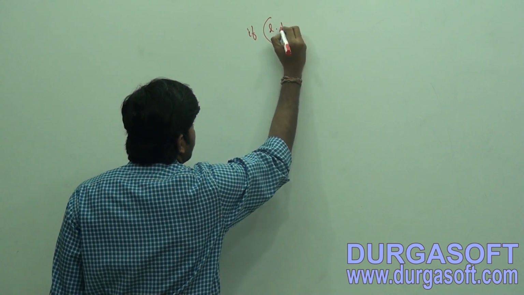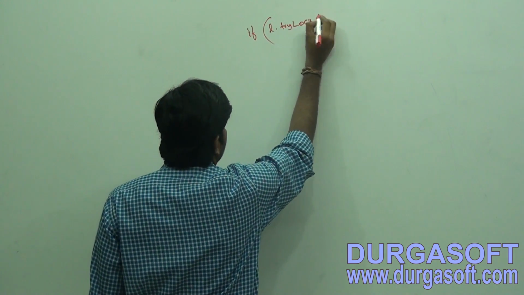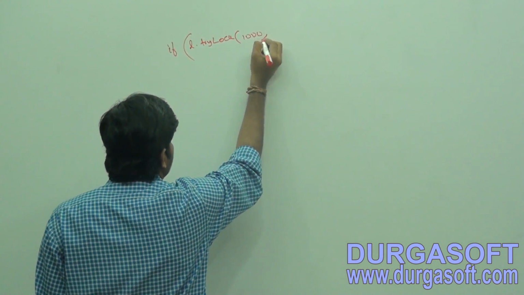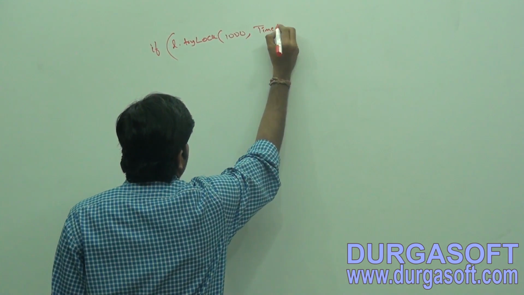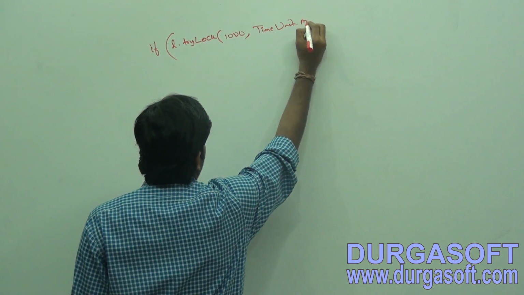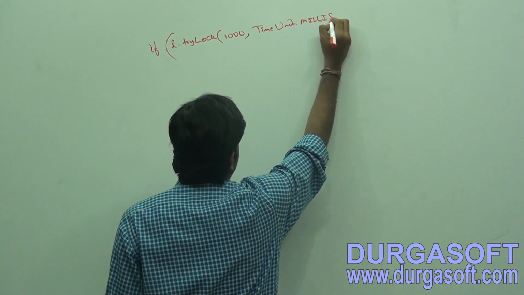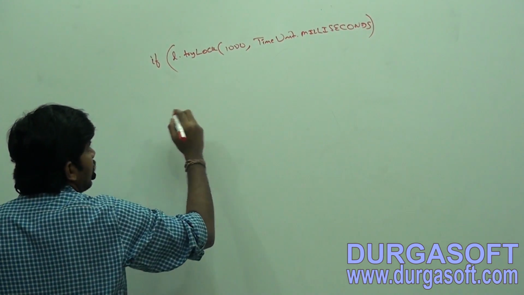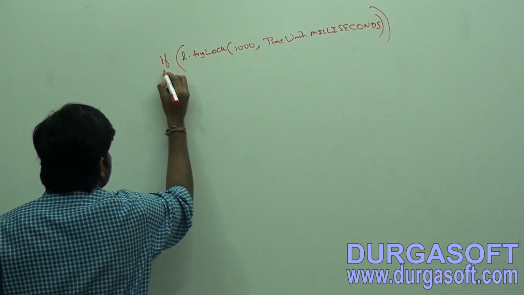If l.tryLock(1000, TimeUnit.MILLISECONDS).